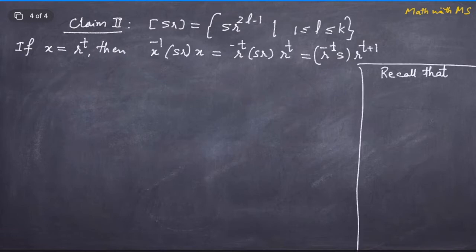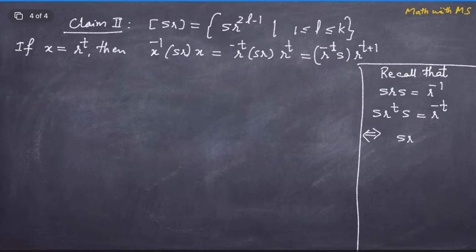Recall that in the dihedral group we have SRS equals R inverse. In fact, we have S R to the power t S is R to the power minus t, which is equivalent to saying that S R to the power t is the same as R to the power minus t times S. So this is what we are going to use here.